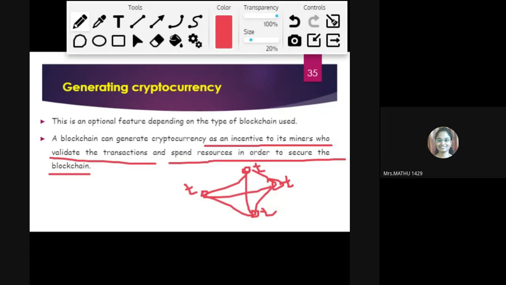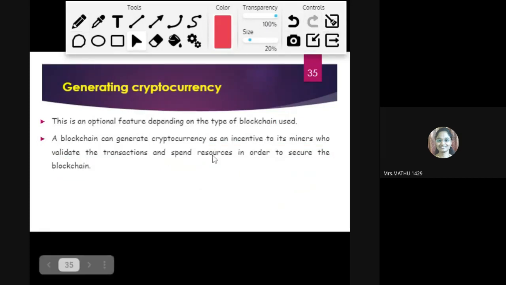For example, bitcoins will be generated as an incentive for this mining node, and that will be owned by that particular mining node. So generating cryptocurrency is another concept of this feature of blockchain.